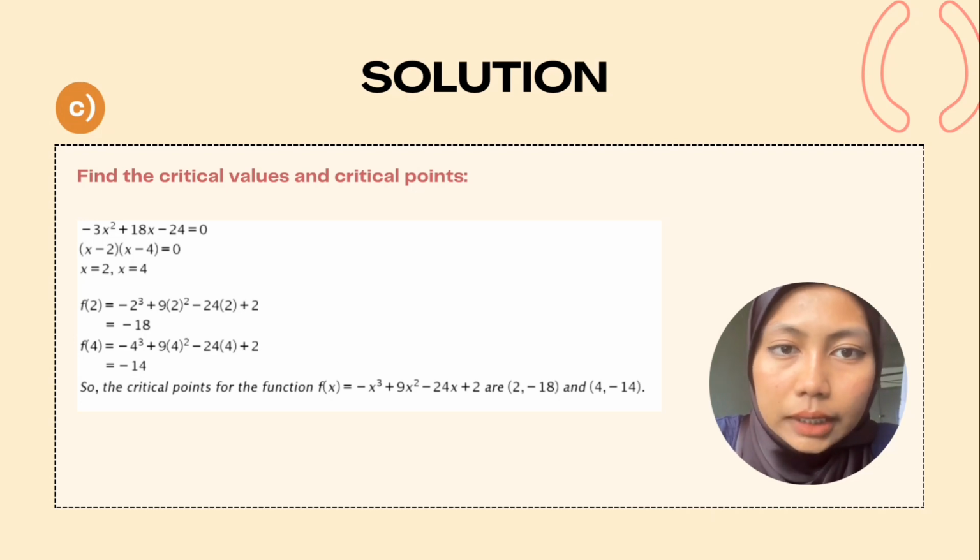So, the critical points for the function f(x) equal to negative x cubed plus 9x squared minus 24x plus 2 are (2, negative 18) and (4, negative 14).